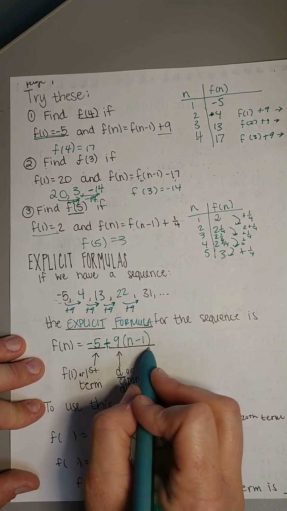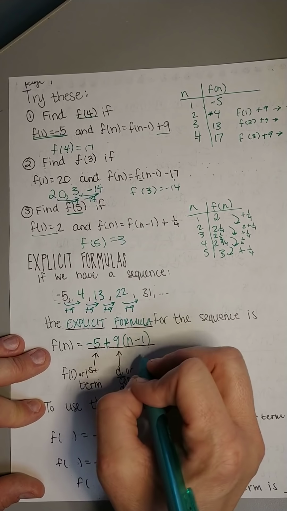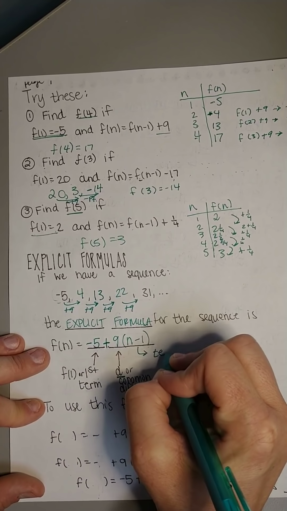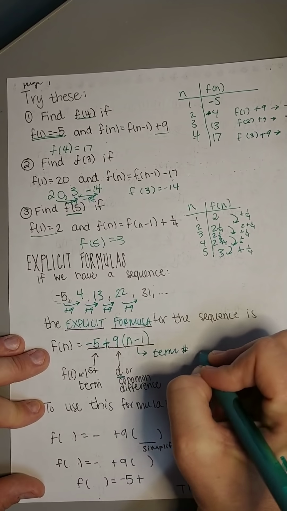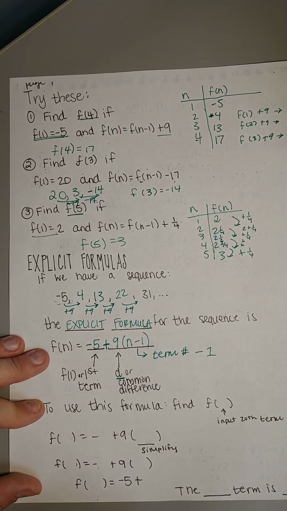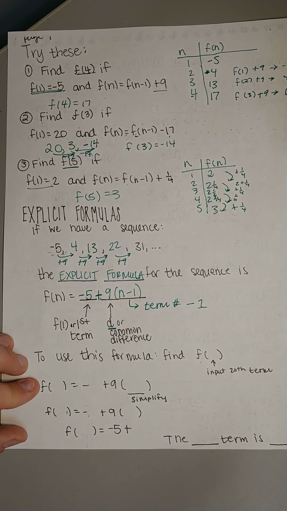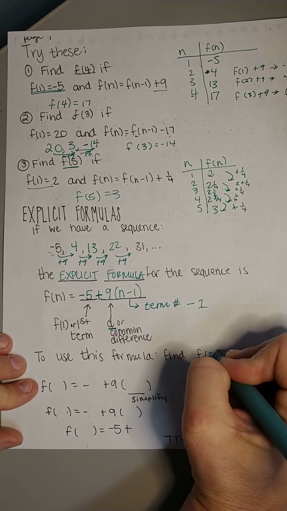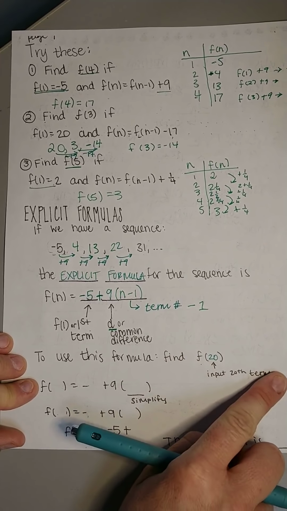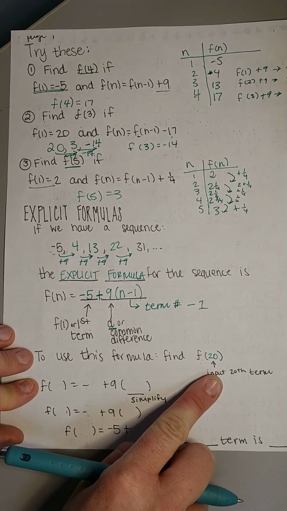Now, this n minus 1 does not mean the previous term. This means take your term number and subtract 1 from it. So for example, let's look at this example and then we'll be done. If we're looking for f of 20, my input, my 20th term, my n value is 20.